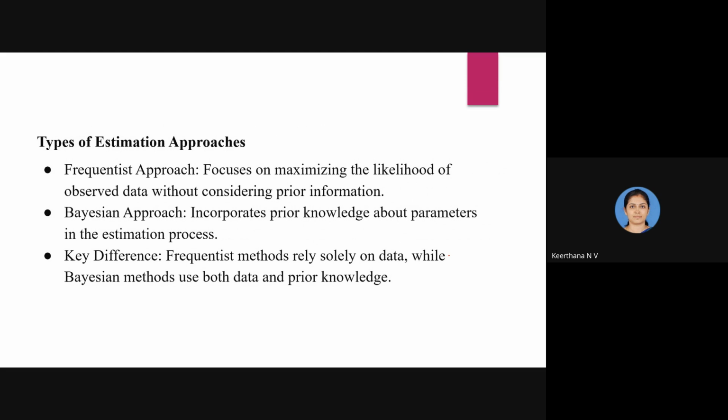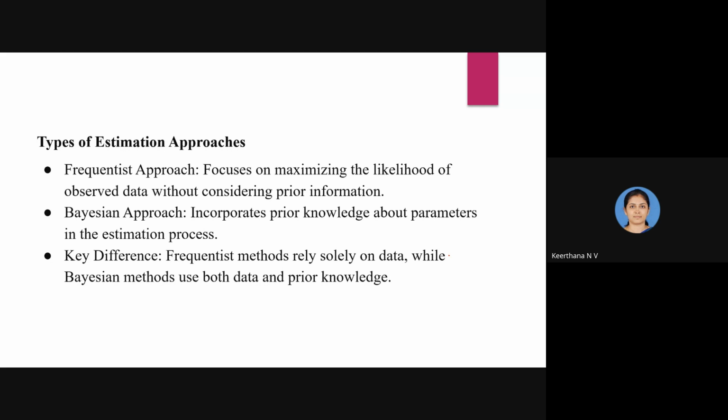The frequentist approach mainly focuses on maximizing the likelihood of the observed data without considering prior information, while the Bayesian approach considers the prior information of your data set by considering the probability of occurrences. That's the main difference.